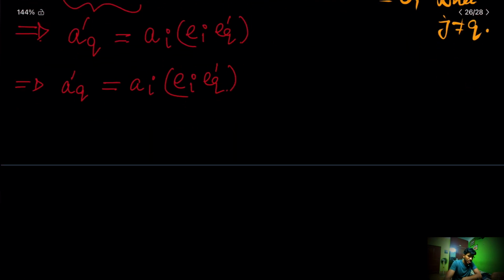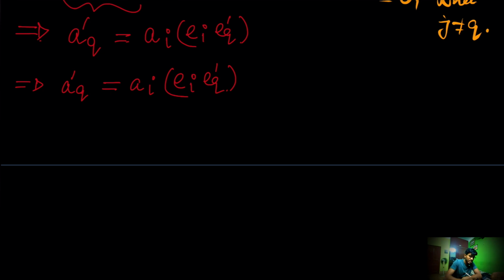So this is the relation between Ai and Aq dash. Now you see that on both sides I have only one free index, that is q, here and also here, and this i is a repeated index, so the rule is not violated.